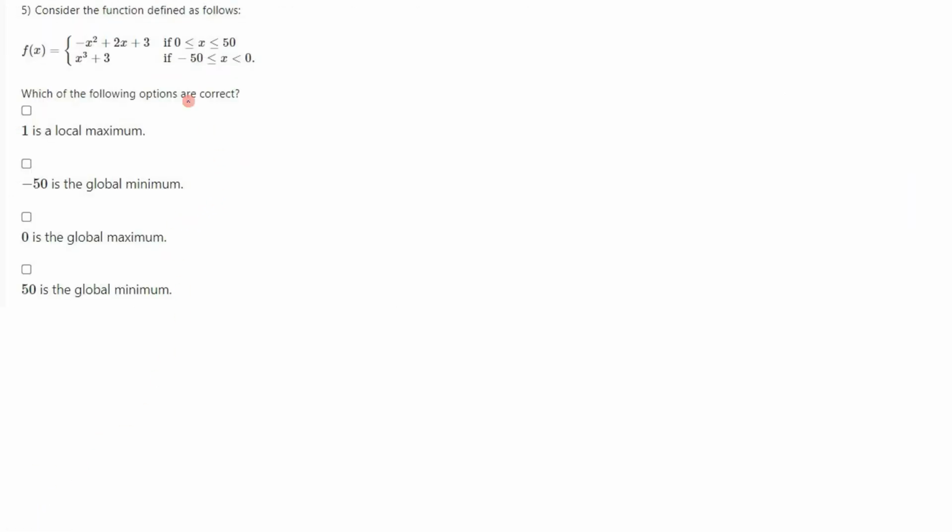Okay, so I have split equations here. Which of the following options are true? They are talking about different numbers here. So now I'll just have to first differentiate this, correct? So what is f dash of x? F dash of x is nothing but differentiation of this one, that is minus 2x plus 2, right?